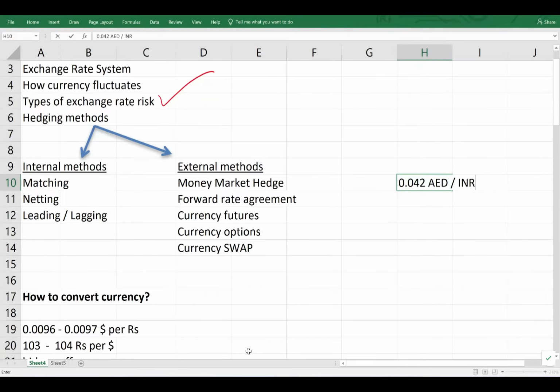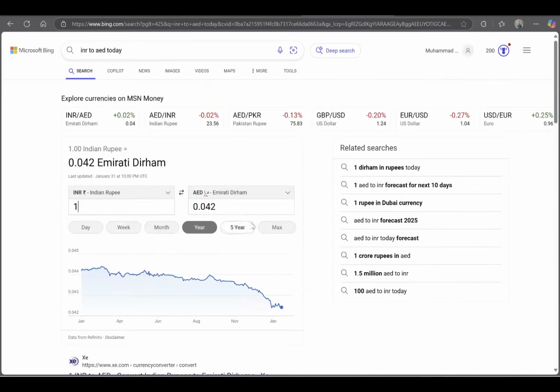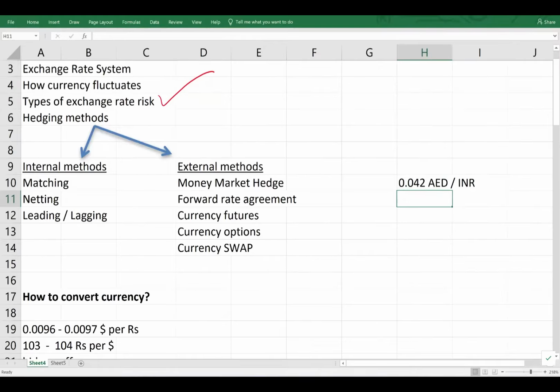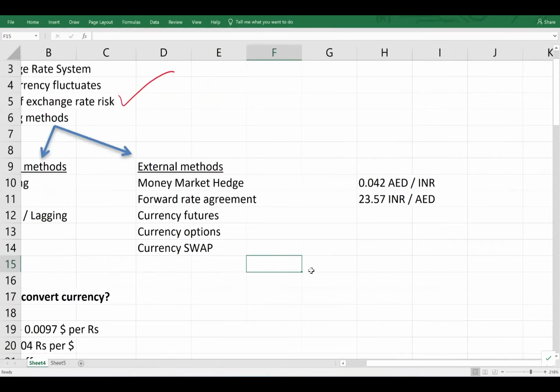INR means Indian rupee. This is one thing. Our second way is 23.57. These both are the same things. It's opposite to each other.